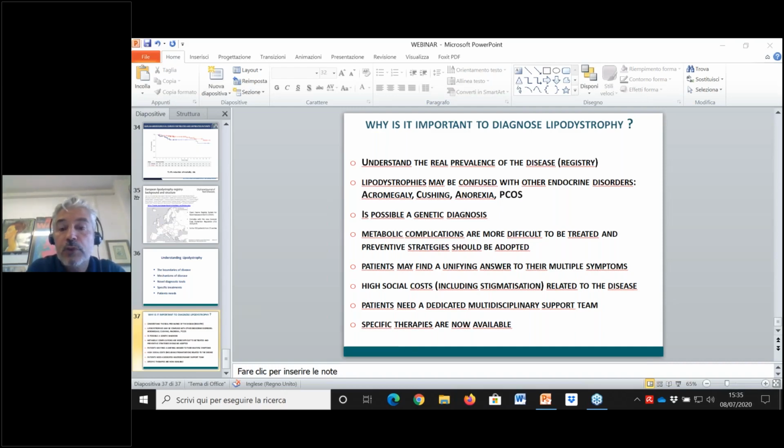Third, in forms of progeria, it looks like the kidney is aging so rapidly that these patients develop kidney failure, which is due to precocious aging, I would say. So the mechanisms are very different based on the type or subtype of lipodystrophy.